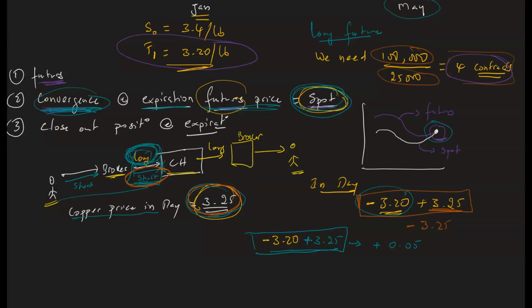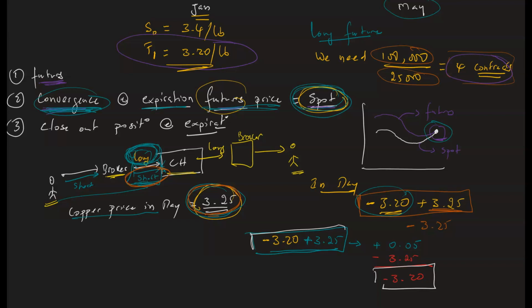But then I have to get out in the market and purchase at $3.25, so minus $3.25. So ultimately, my price overall is going to be $3.20.